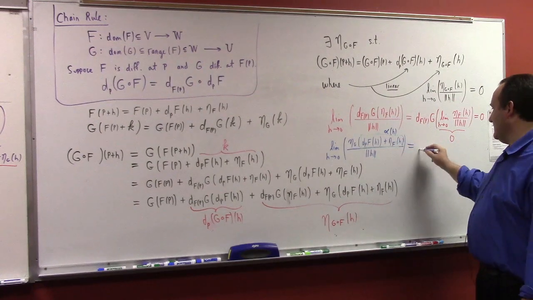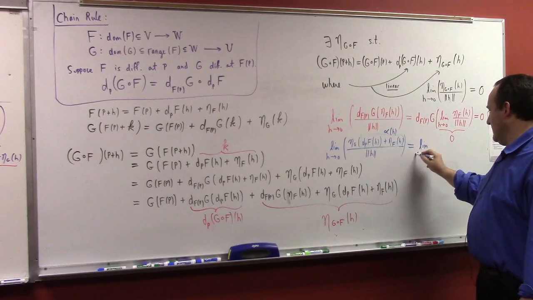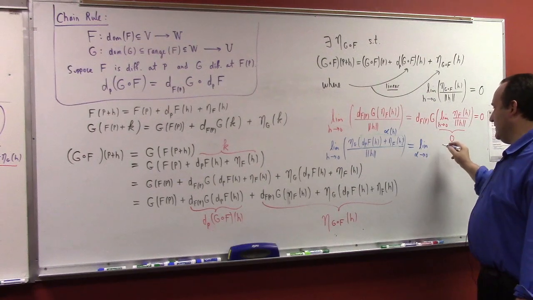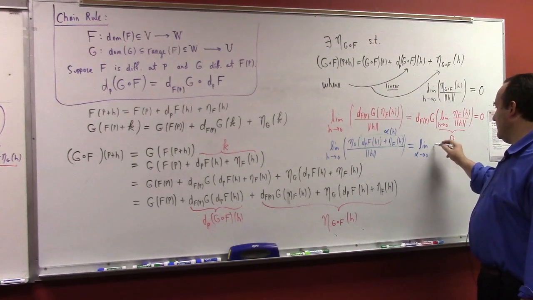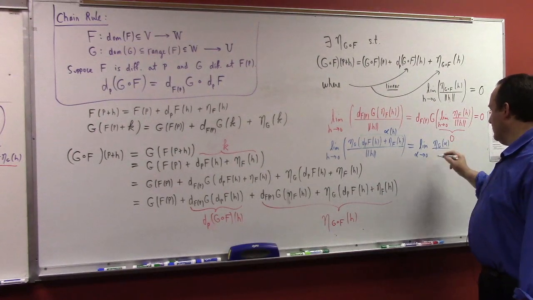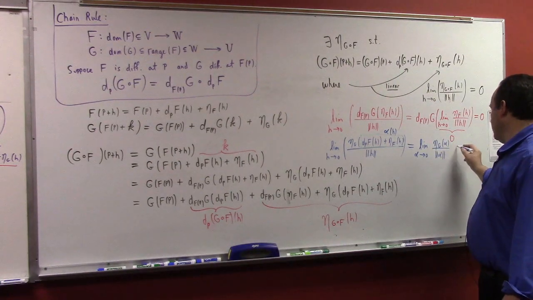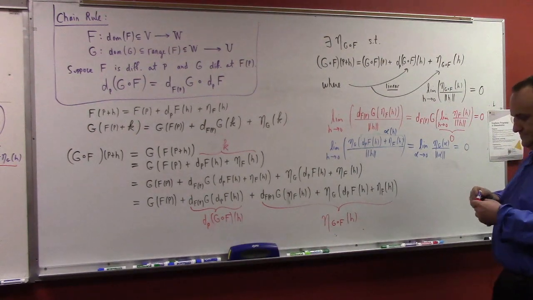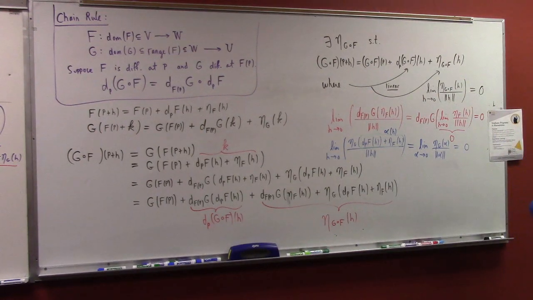So I could replace this essentially with the limit as alpha goes to 0. But doesn't the differential at b of eta sub g of alpha go to 0?